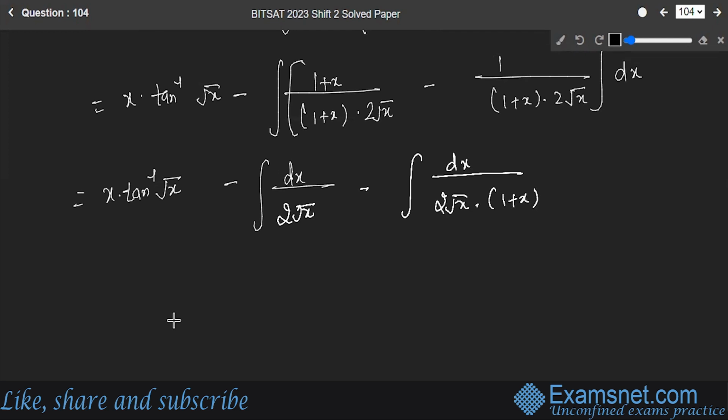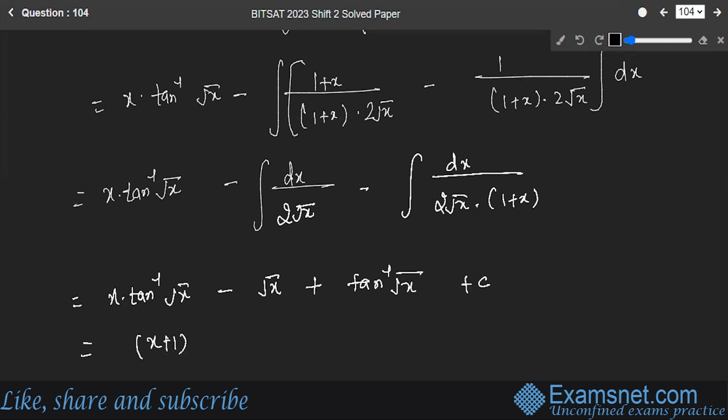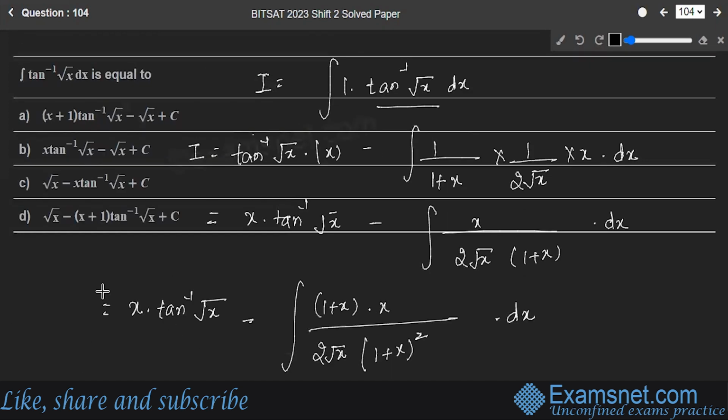Hope you are clear till here. So this is x into tangent inverse root x minus root x plus tangent inverse root x plus c. Taking (x plus 1) common, (x plus 1) tangent inverse root x minus root x plus c. So this is the answer to the question, and option A is the right answer.